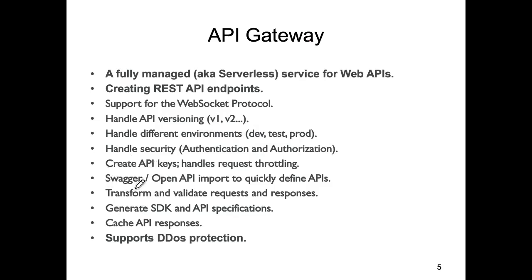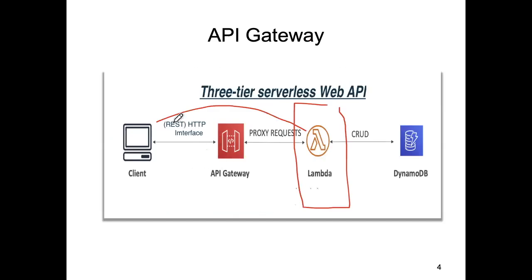It understands Swagger, if you're familiar with Swagger or OpenAPI. It can perform transformation and validation. So if I go back to the previous slide, there may be data included in a request sent from the client to API Gateway.